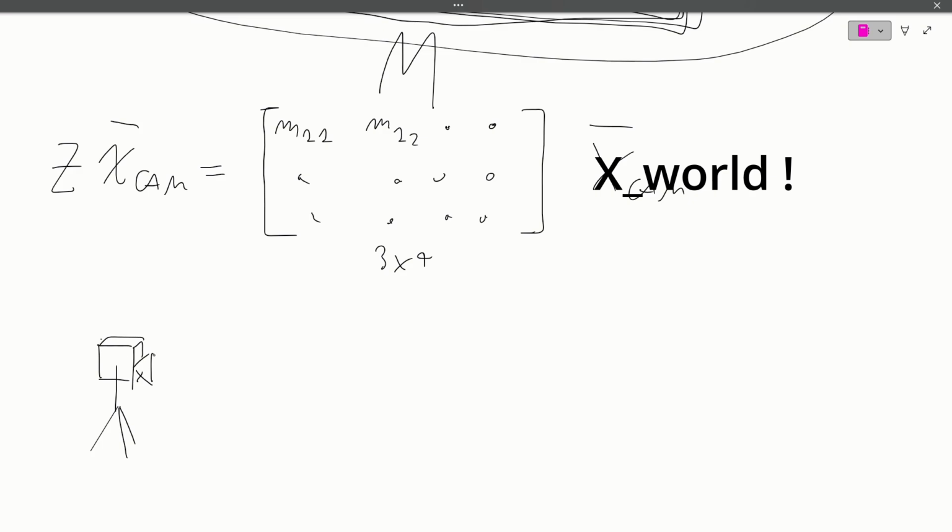The camera is watching, and here there is the display. Let's suppose that someone looks in this direction. The display that he sees is this one.